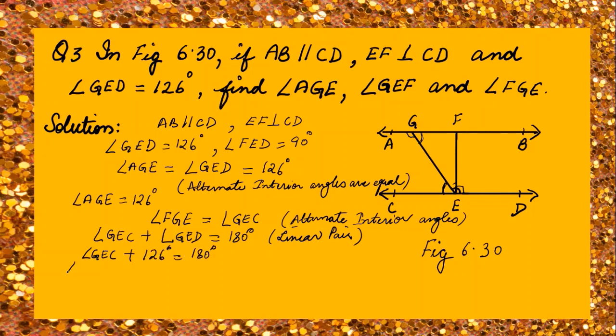So you can say angle GEC equals 180 degree minus 126 degree. So how much it is? It is 54 degree. So after this GEC you got.